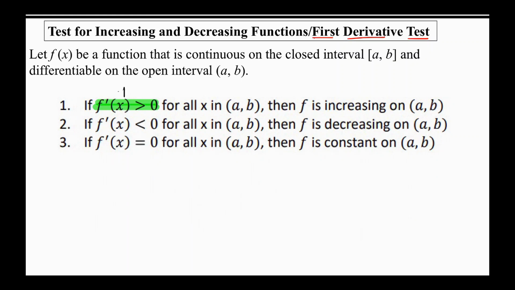Positive. So if the derivative is positive, that means the function has to be increasing. Does that make sense? Yeah, the slope is positive. If the slope is positive, it has to be going up. It can't be going down.